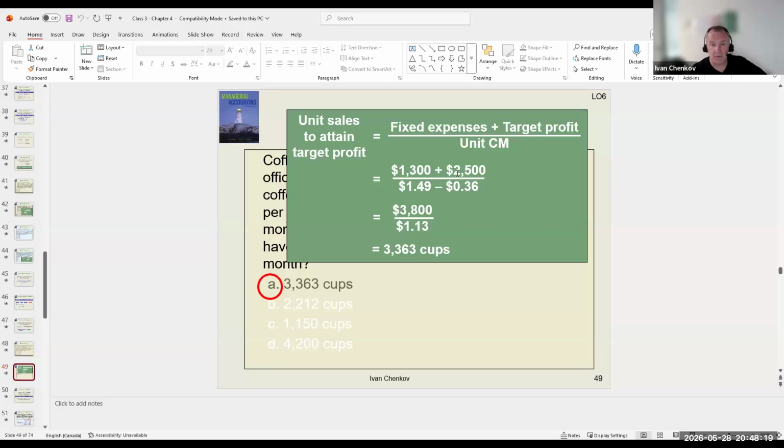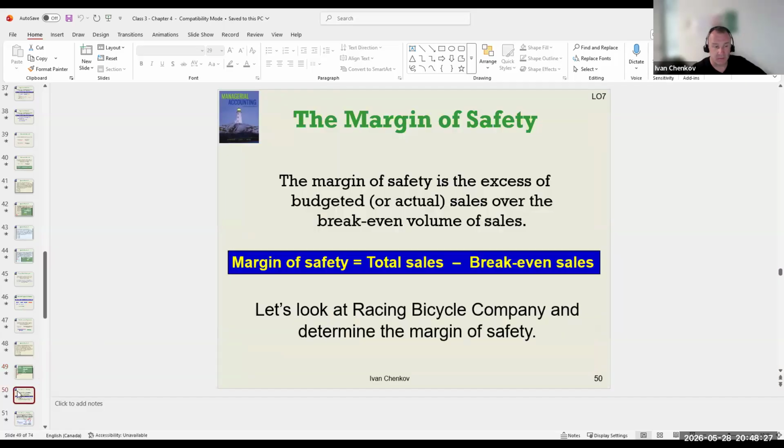And get our calculation here. Again, we're going to add the 2,500 into the numerator or fixed cost. Run the calculation, see the number of cups. Margin of safety. Margin of safety again is where you are compared to the break-even. Margin of safety is a common question which is given. Why?